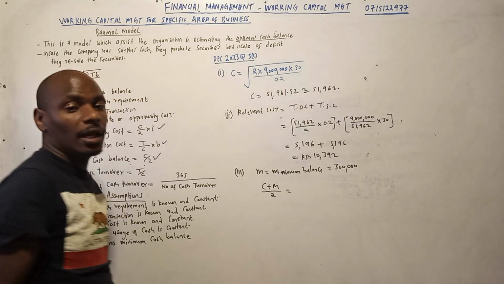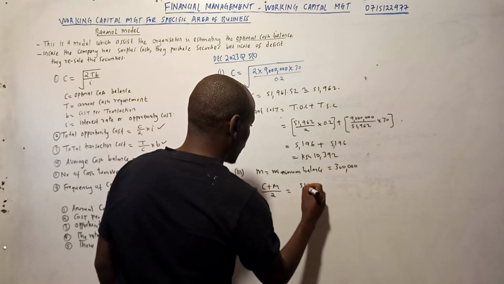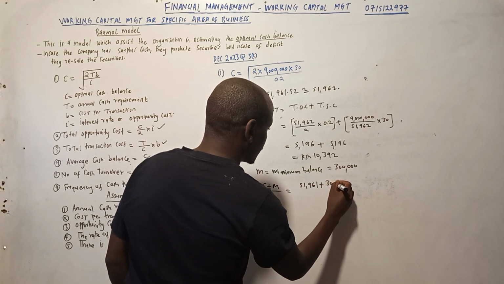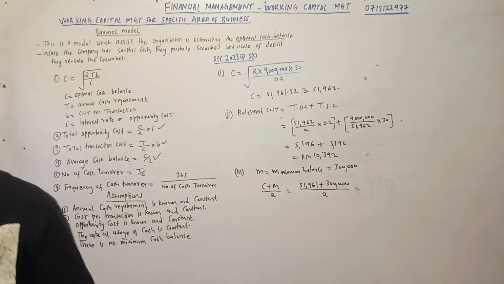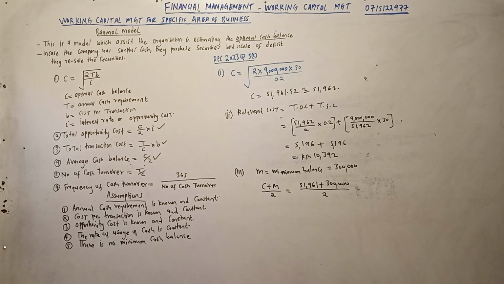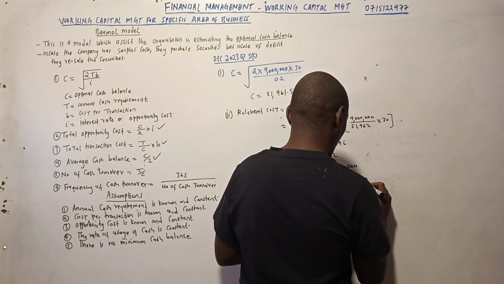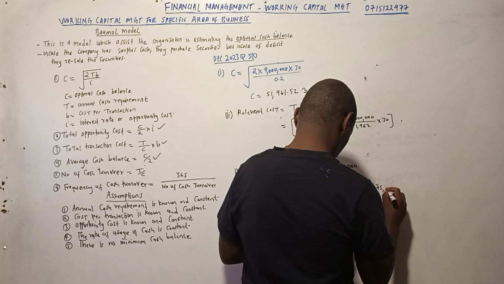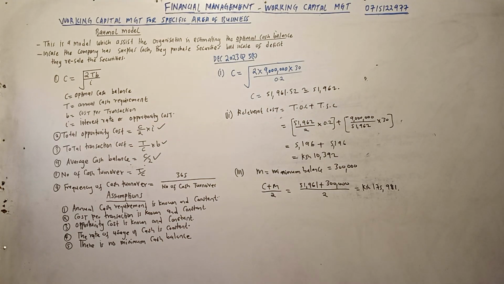So it is 51,961 plus the minimum balance of 300,000, divided by 2, which is 175,981. That marks the end of the Baumol model.